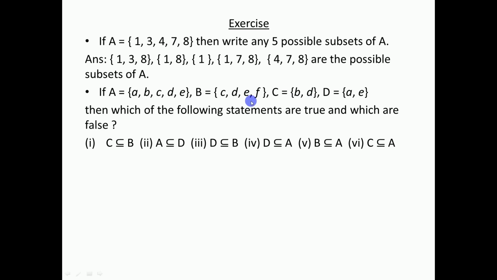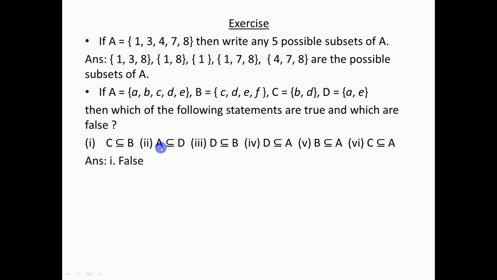Now when you observe, only element d is present and element b is not present in B. So we can say that the first statement is false, because out of b and d, only d is present and not b.